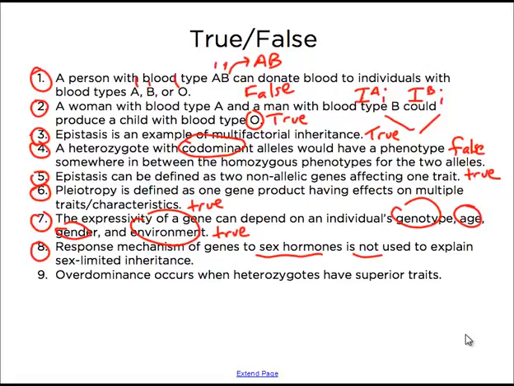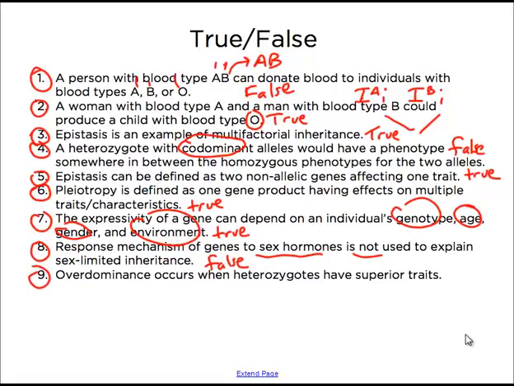So the key here is if you just took the not out, response mechanism of genes to sex hormones is used to explain it, it would be true. Since they're saying it's not, it would be false. This can get, obviously, guys, true-false things, they're not the most difficult thing in the world. But when they start throwing nots or multiple nots or tell me which one is not true sometimes, you know what I'm saying. Just be careful.